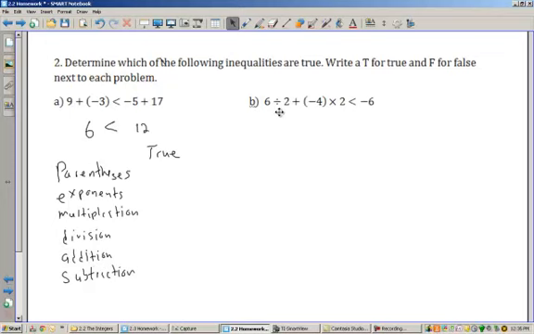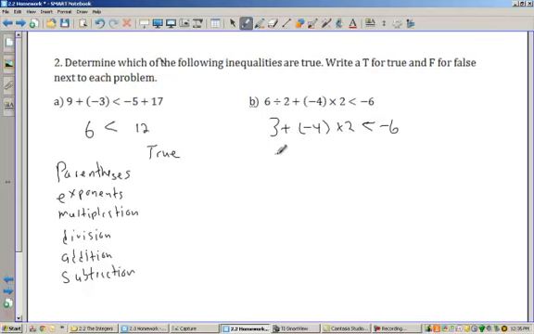So you come over here, and of course we'll do the division first. I'll just go left to right. Here I have 6 divided by 2, which is 3, plus a negative 4, times 2, and this symbol, which again is less than, negative 6.